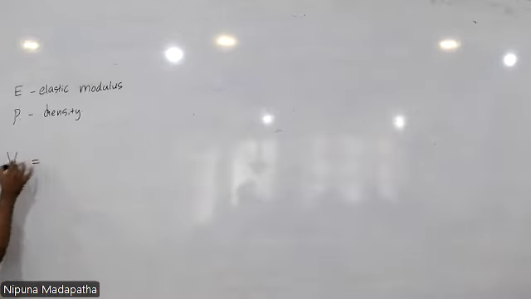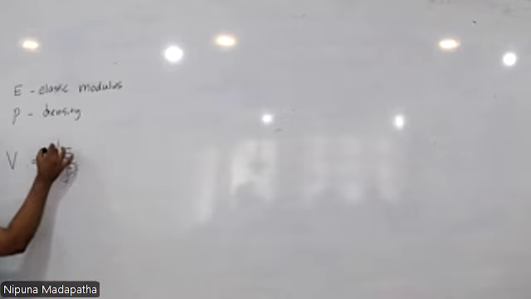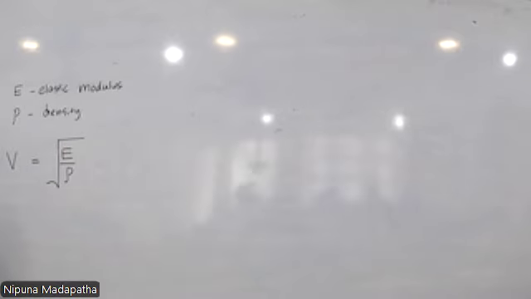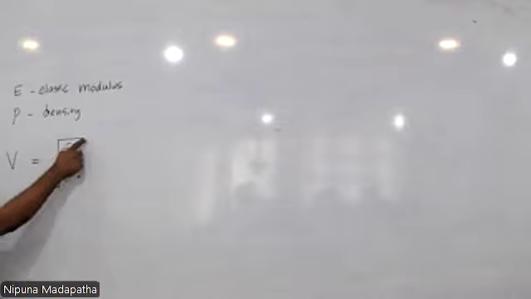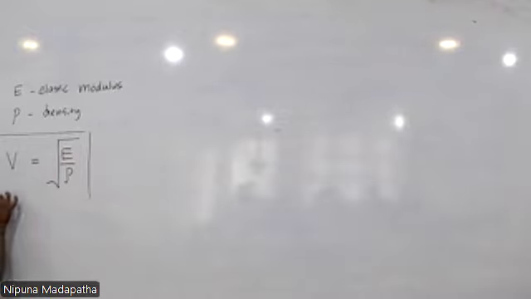Speed of a longitudinal wave in any medium is given by square root of E over rho, elastic modulus of the medium divided by density of the medium. So this is the expression for the speed of the longitudinal wave in any medium.